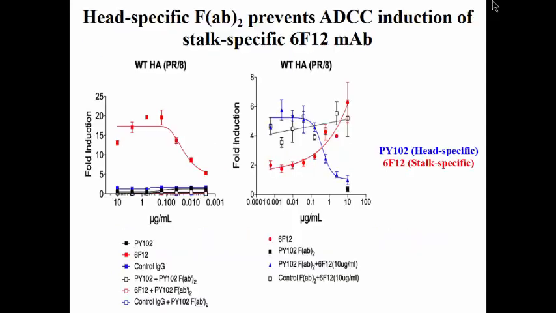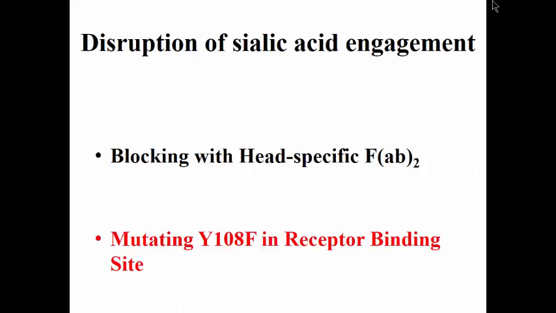Let me just show here on the left side, this is the ADCC signal, but if we have a Fab fragment which protects the sialic acid binding site, we actually eliminate this, and we can also eliminate this ADCC activity by changing the hemagglutinin binding site with a single mutation.